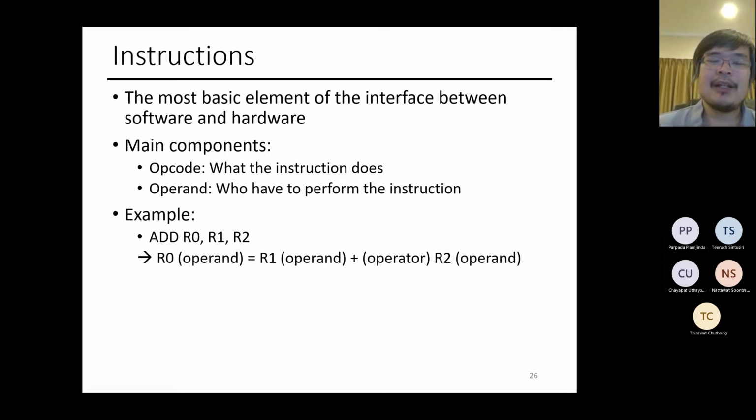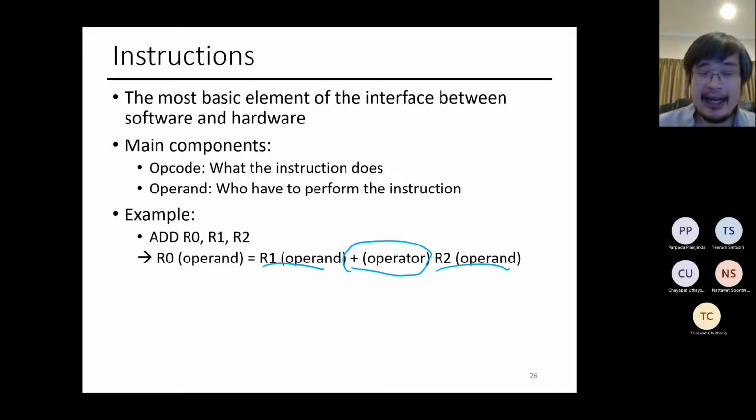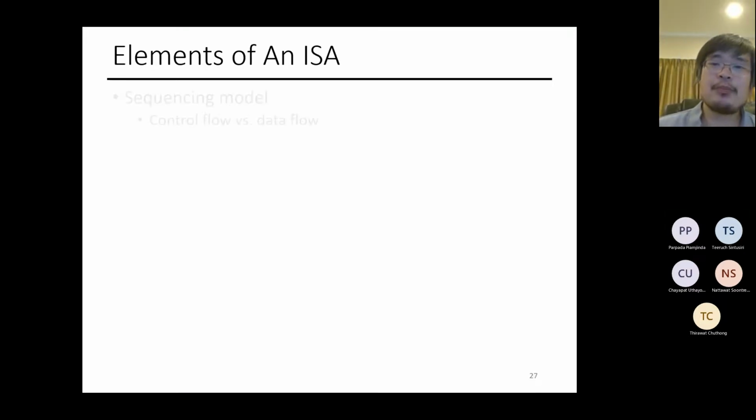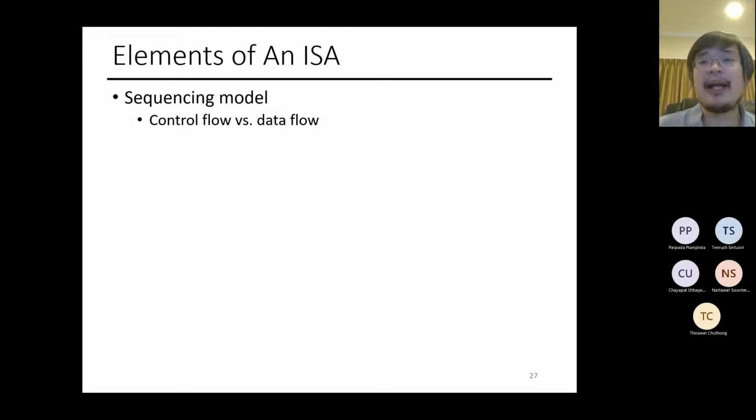In this case, R0 is an operand, R1 is an operand, R2 is an operand, and the operator, the opcode, is adding. I want to add R1 and R2 together and write the result back to R0. So that's what the instruction means. It has an opcode, it has operands. What else should be defined in the ISA?